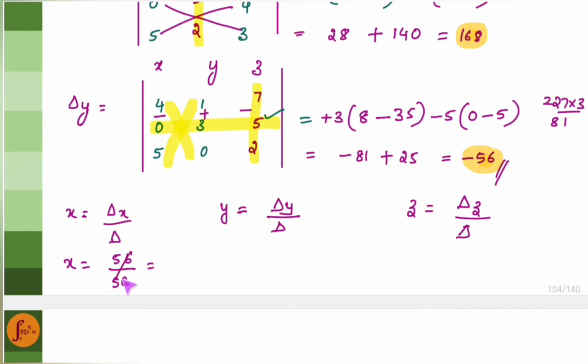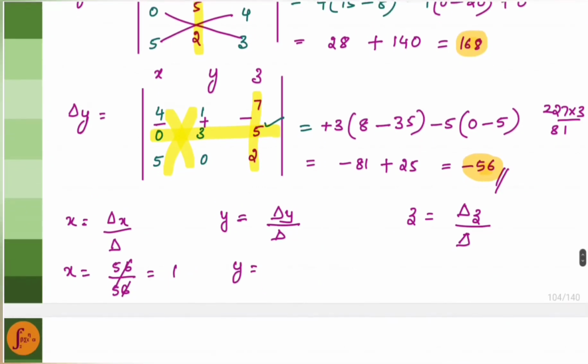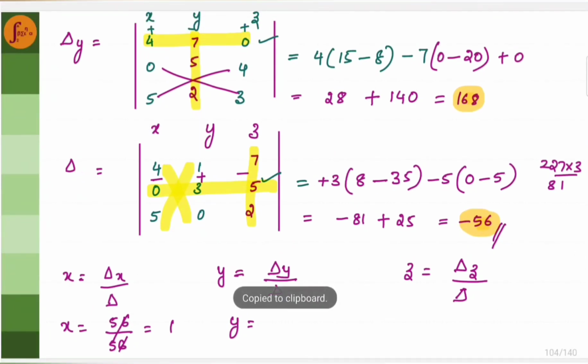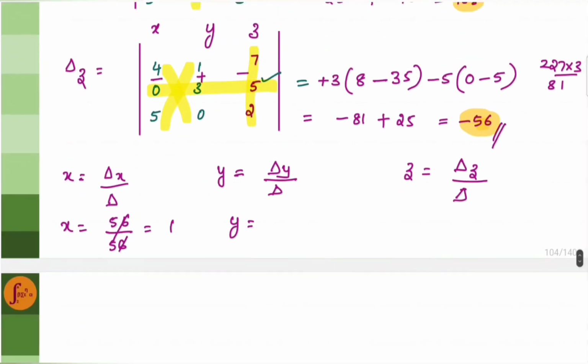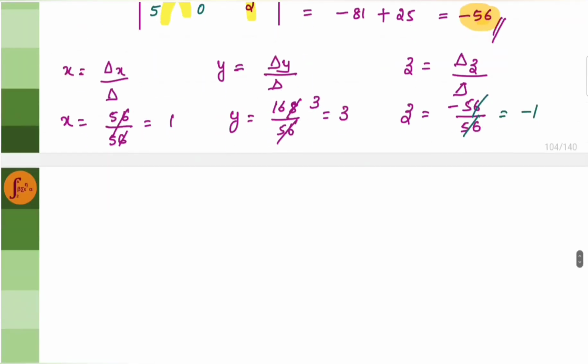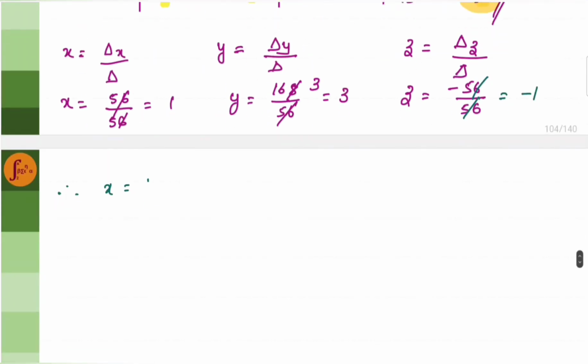If you simplify, you're going to get 1. So x is 1. Let's go to y. Determinant of y is 168, 168 by determinant 56. So this is going to be 3. Now z is equal to determinant of z, which is minus 56, by determinant 56. It will get cancelled and you will get minus 1. Therefore, x is equal to 1, y is equal to 3, z is equal to -1.